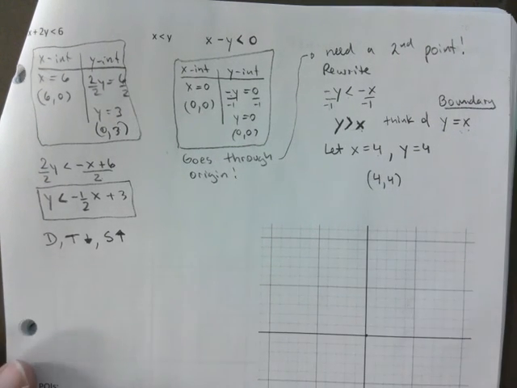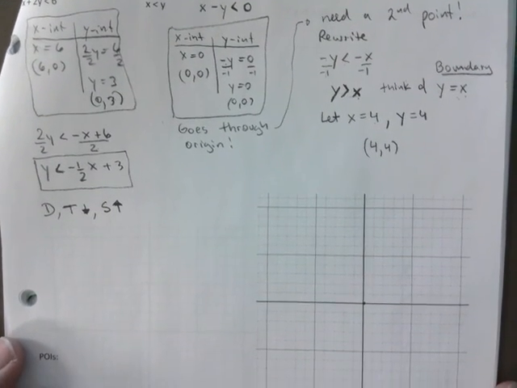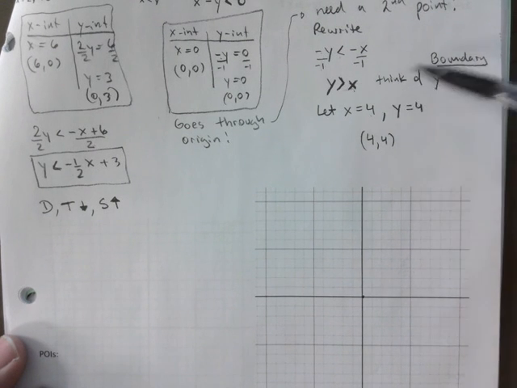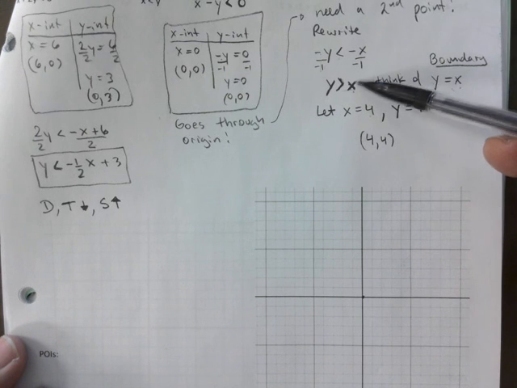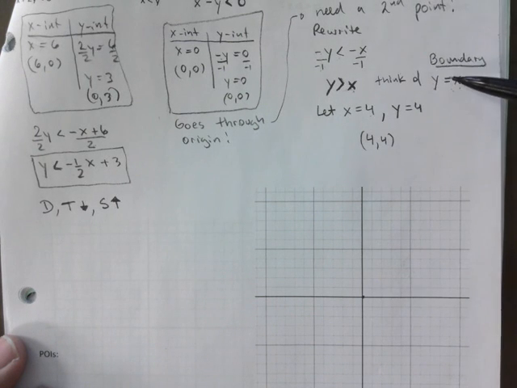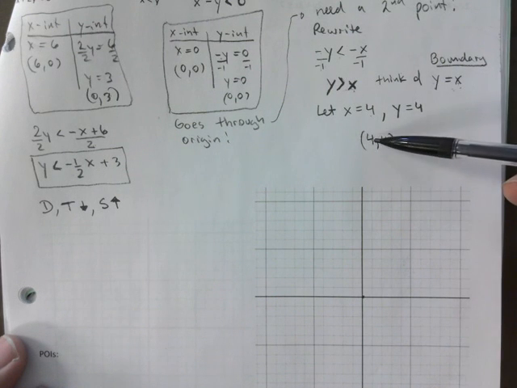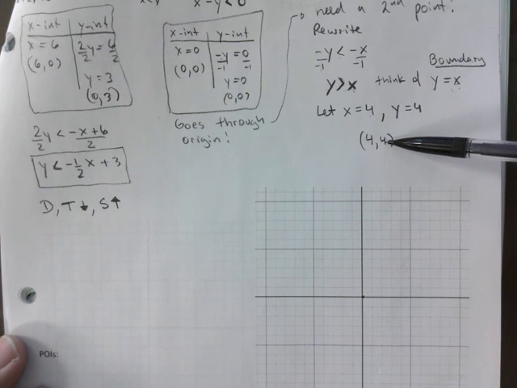Okay? Just be careful that sometimes you'll have y is greater than negative x. So then the line you're thinking of is y is equal to negative x. So when x is equal to 4, y would have been negative 4. So watch out for that.